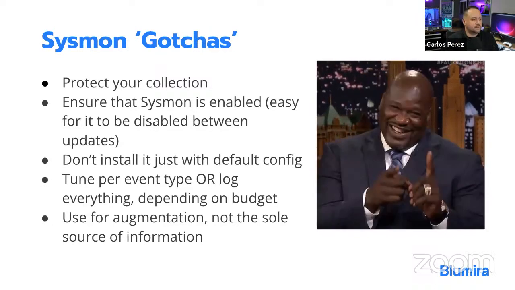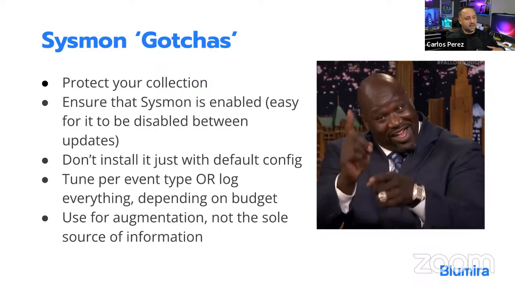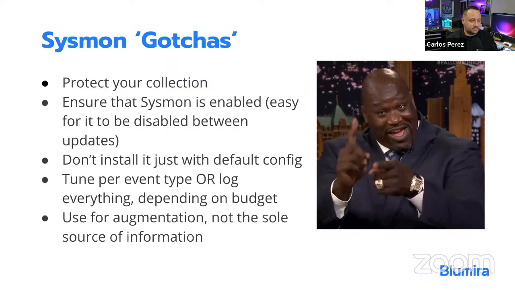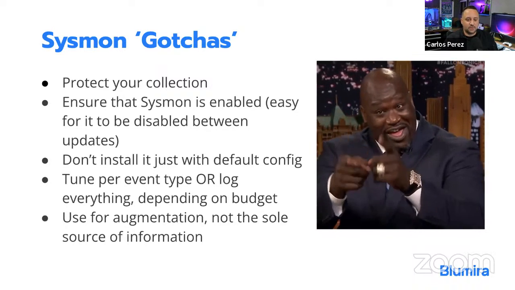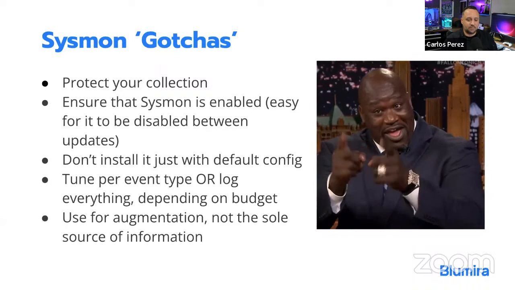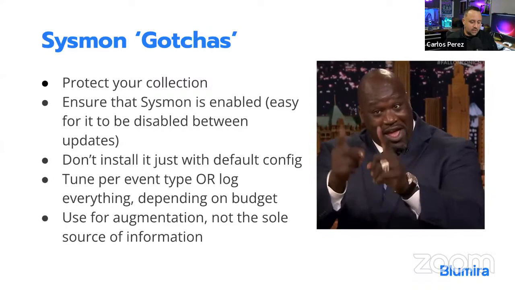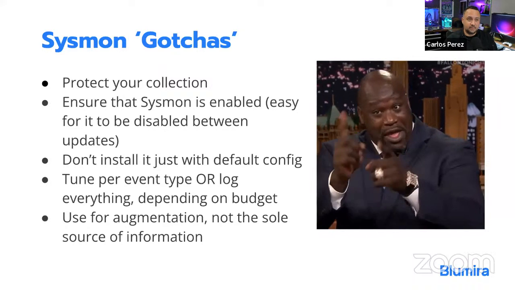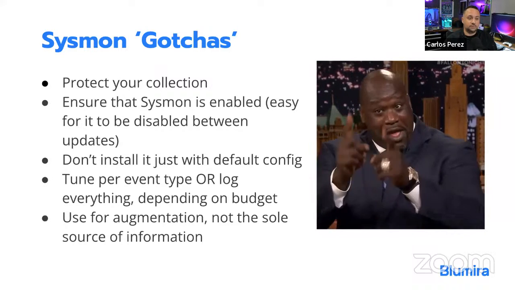If I enable it with the default config and that's the only thing I have, it's better than nothing. The problem is that it's logging way too much information, as people mentioned. It's logging every process termination, every driver load. And I think it also logs file create stream hash by default, if I'm not mistaken, and it uses SHA-256.